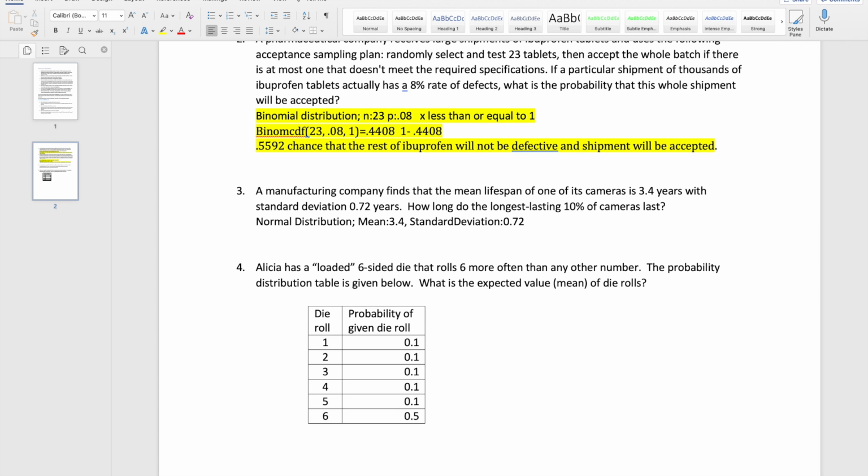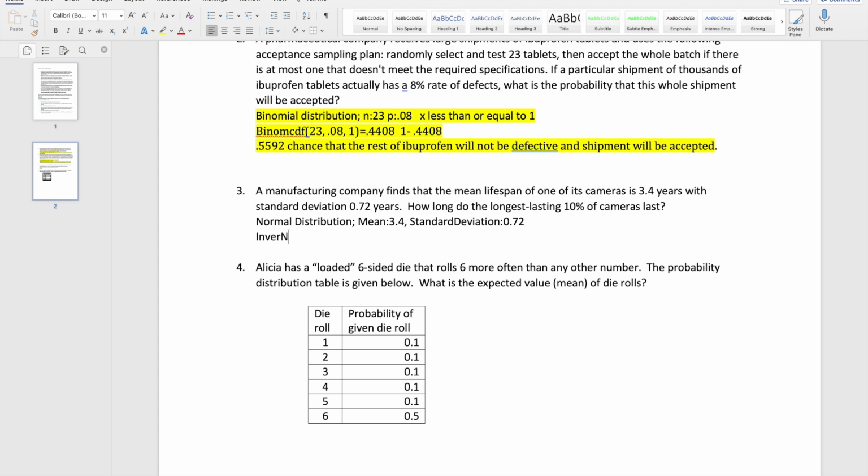So now we're looking for a percentile, and we're actually looking at the top 90, the longest lasting 10%. So we're going to use the inverse norm because we're looking for a percentile. And that'll give us the answer in years, the top 10% longer lasting based on this data.